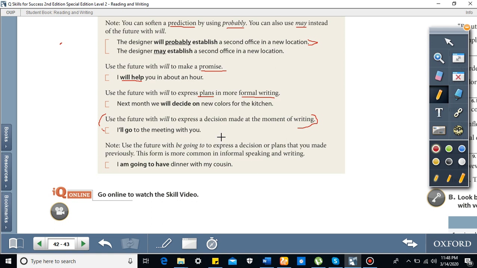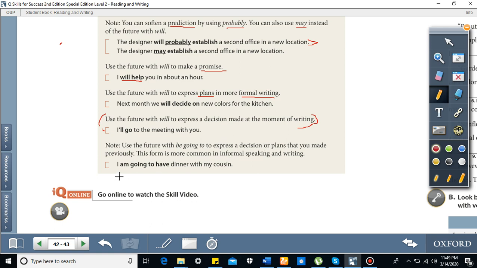It means that at the moment when we were speaking, you decided that you will go and open the door. So whenever there are decisions to make at the moment, you can use will.